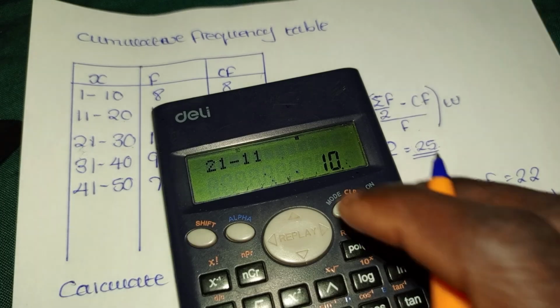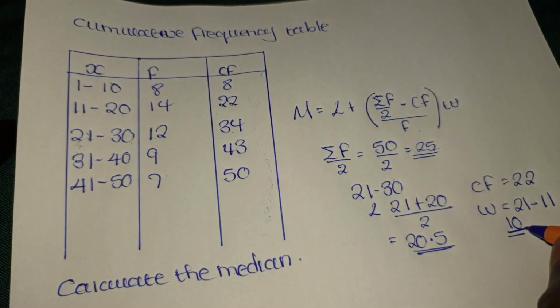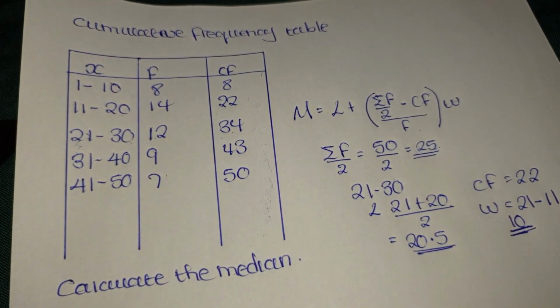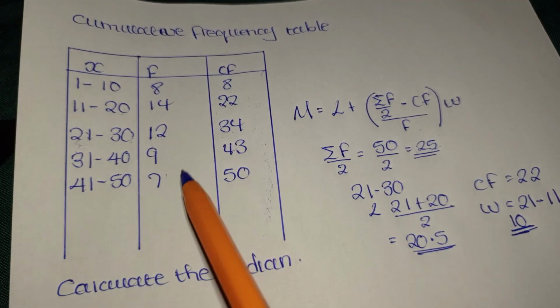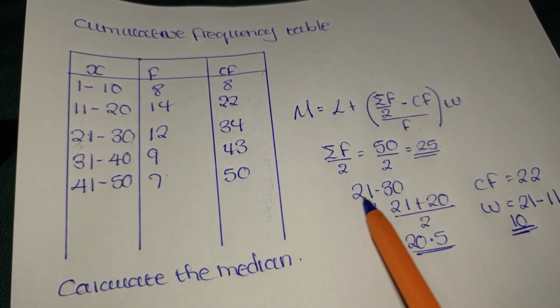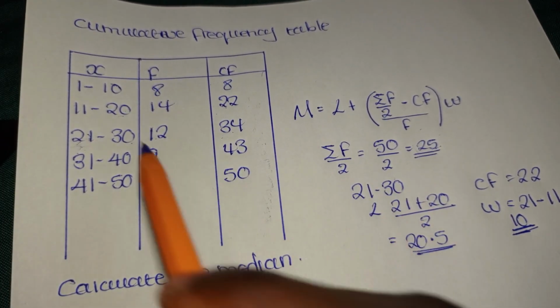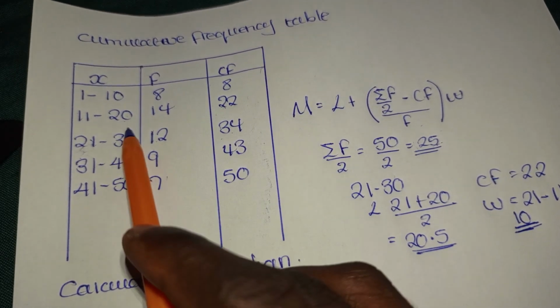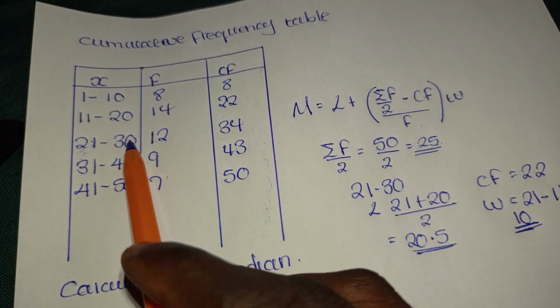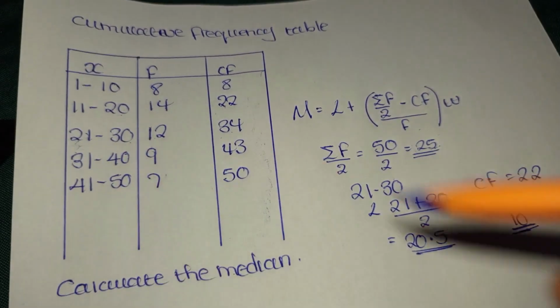But there are times when you don't calculate the width the way I have done it. How do you calculate the width if you're not doing it this way? You go to the median class, which is 21 to 30, and take the upper interval, which is 30, and add it to 31.